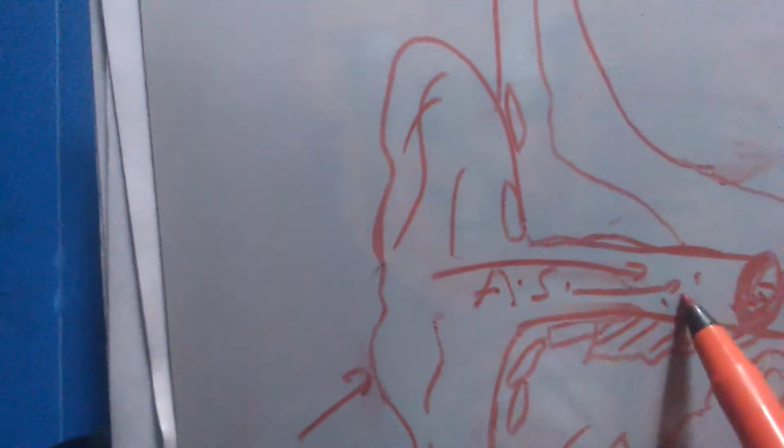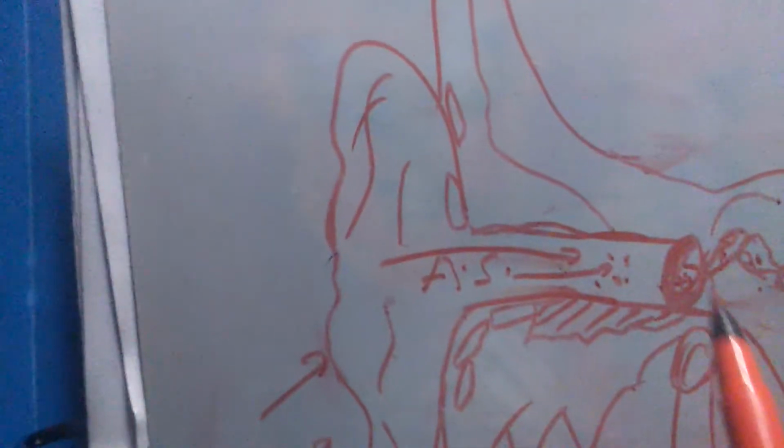If you put a drop, any drop, inside the ear canal, then to help it reach the middle ear, you push this part. This part is known as the tragus.